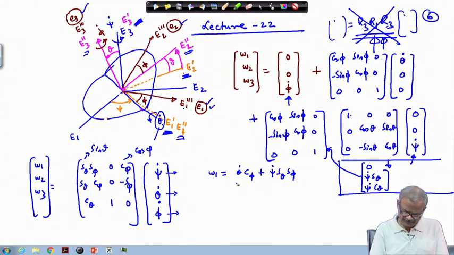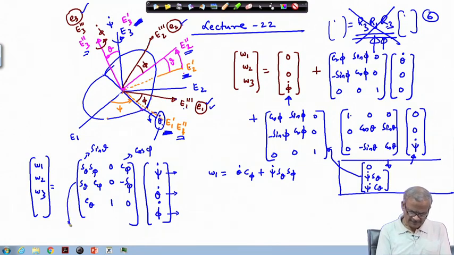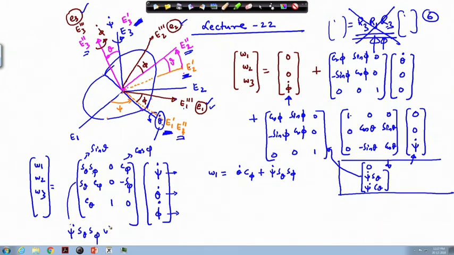So, what we get here, the first term you can check from this place whether it is matching or not. So, if you multiply here this row with this column, what we see that this is S theta S phi times psi dot, will write in here. This is your psi dot, and then plus this term will be 0, and this is C phi dot times C phi.